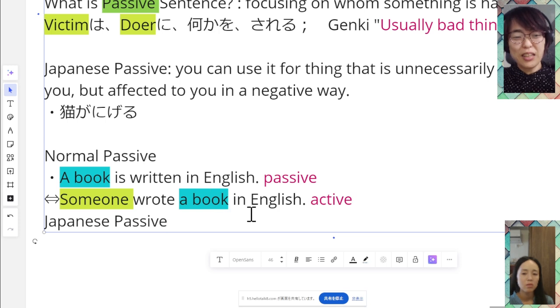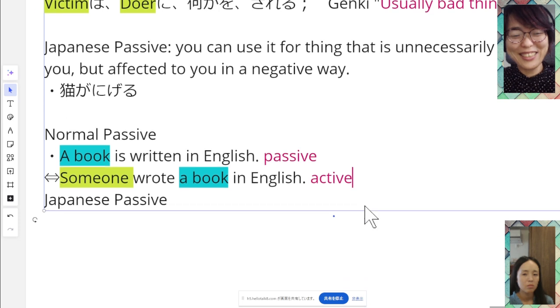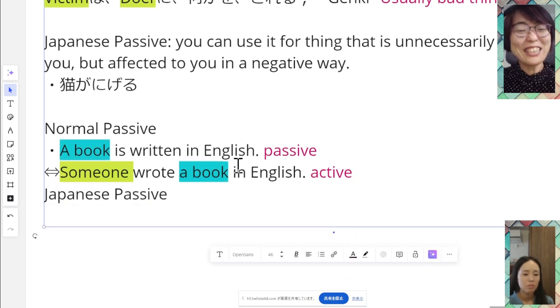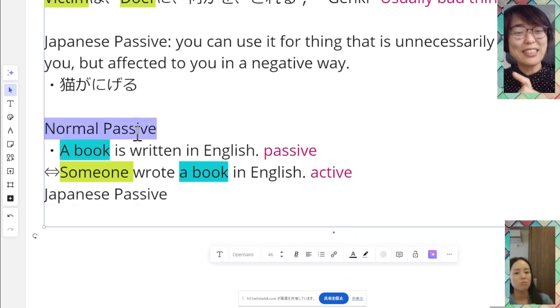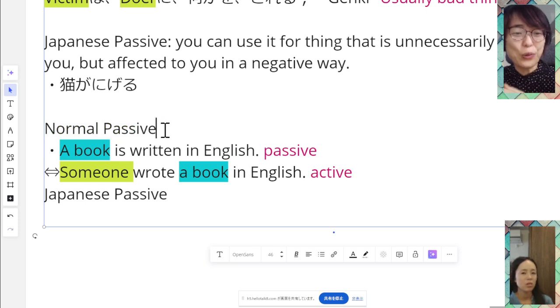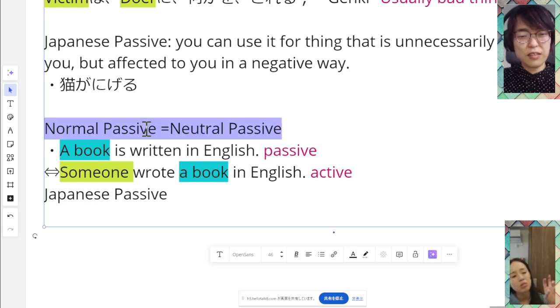Okay, Japanese passive is very funny because this is one way, and this exists. This is what I call neutral passive. I want to ask you, the first sentence, a book is written in English, is focusing on the book, right? Subject is book.